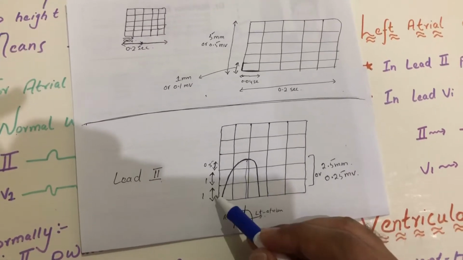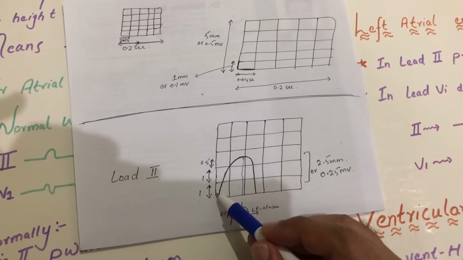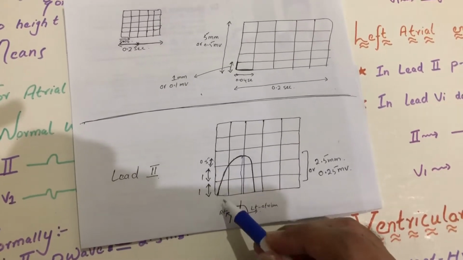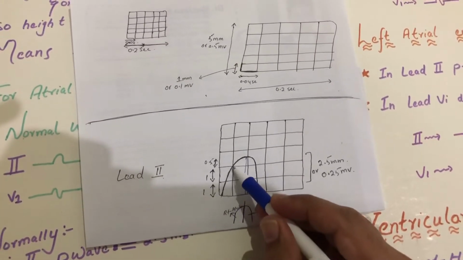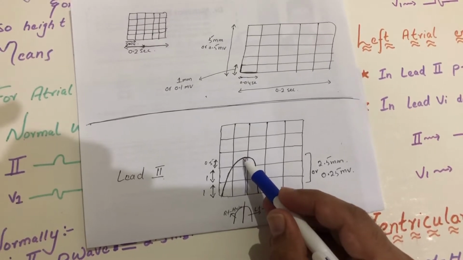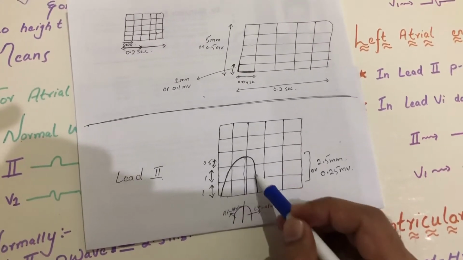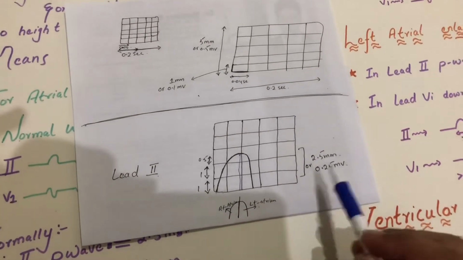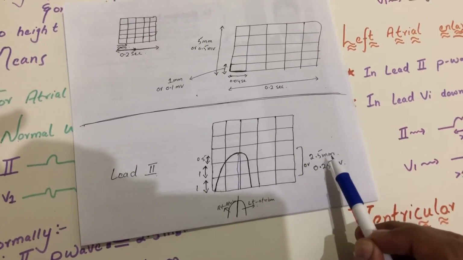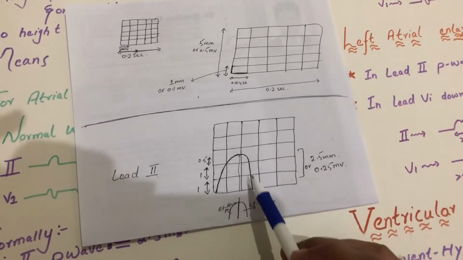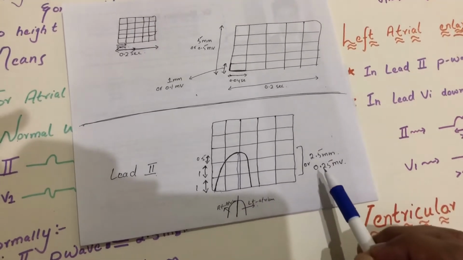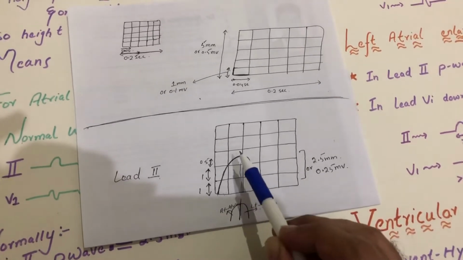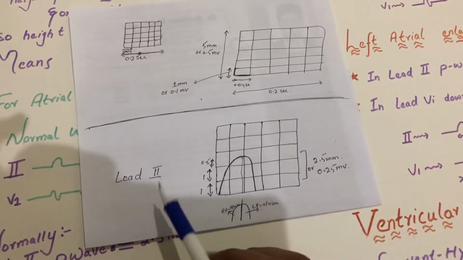As we know that one small box is equal to 1 millimeter, so that is 2.5 millimeter. 2.5 millimeter or less than that is the normal height of the P wave in lead number 2. This is one thing we need to remember. Or you can say 0.25 millivolt height is the normal height of the P wave in lead number 2.